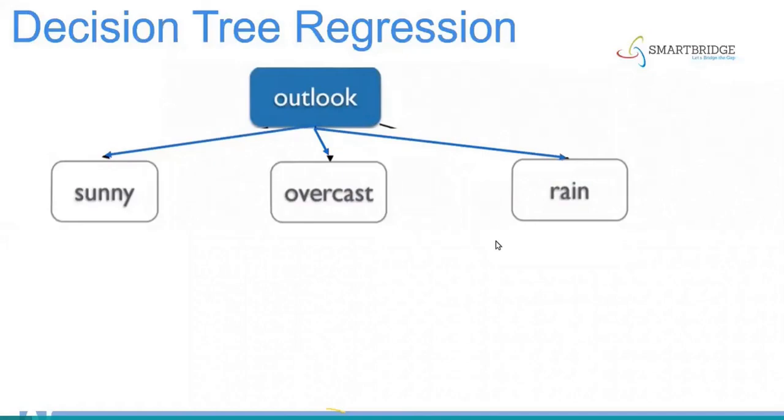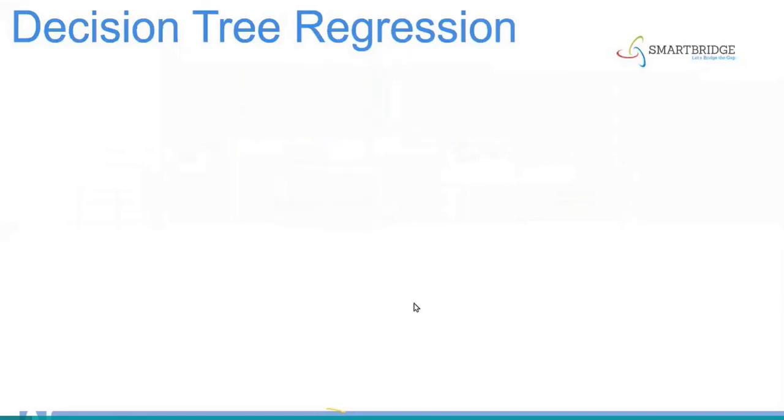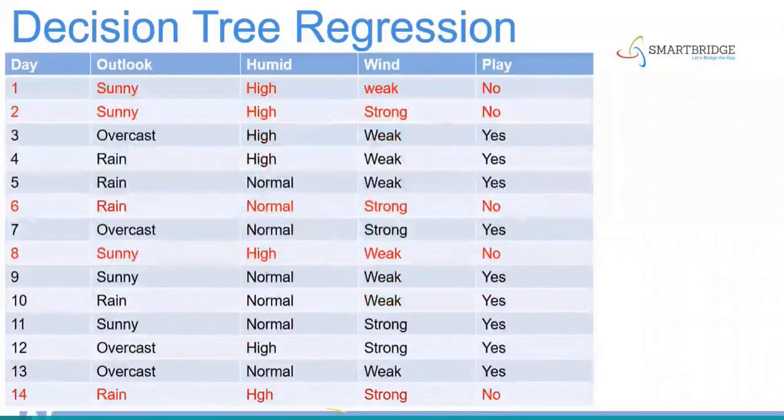All right. Now, in sunny, how many observations are there? In overcast, how many observations are there? And in rainy, how many observations are there? Out of 14.